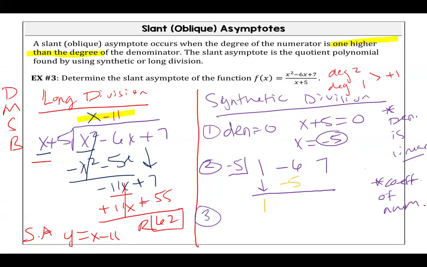And then we're going to add vertically. So -6 and -5 make what? -11. And now we're going to, again, multiply on the diagonal, write its product, and then add. Are you with me?